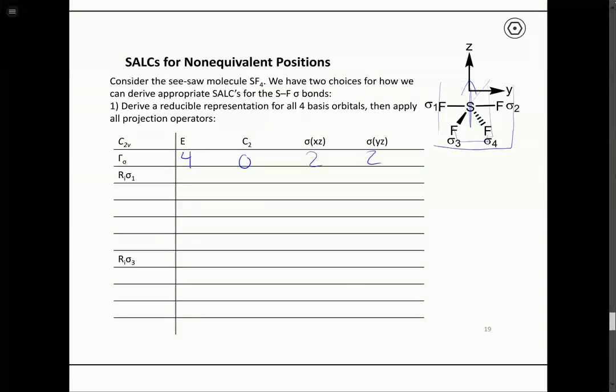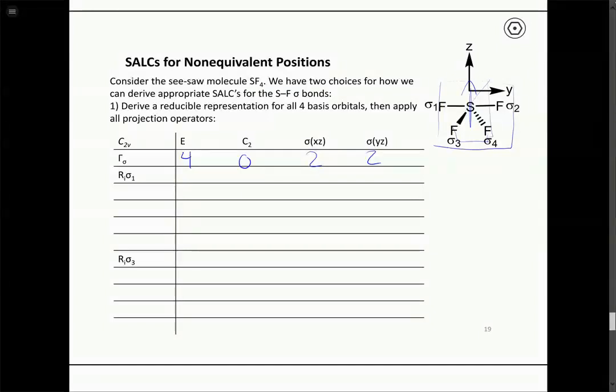For those 2 operations, it's a little bit arbitrary how I chose to define the coordinate systems here, but conventionally you put more of the atoms in the YZ plane than the XZ plane, but it doesn't really matter in this case because there's the same amount. So at any rate, however you chose to define those, you're going to have characters of 2 for XZ and YZ.